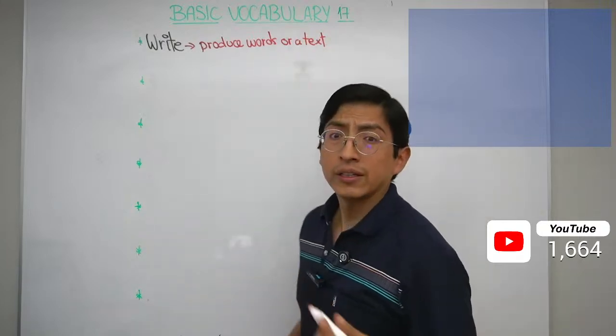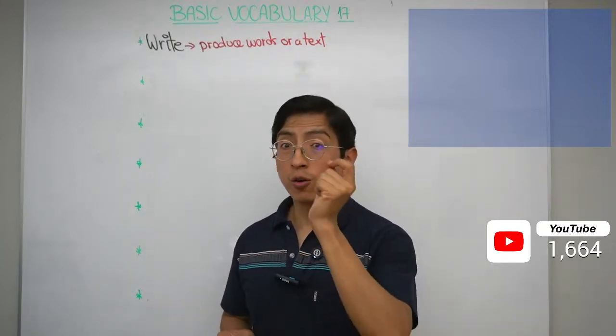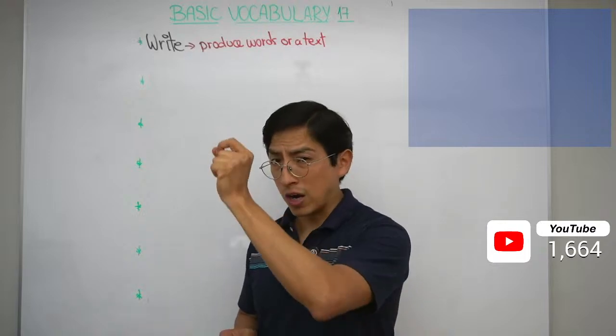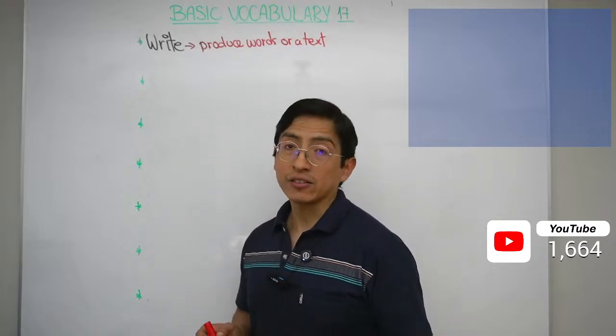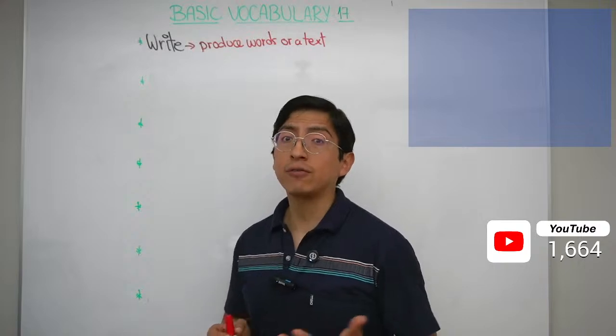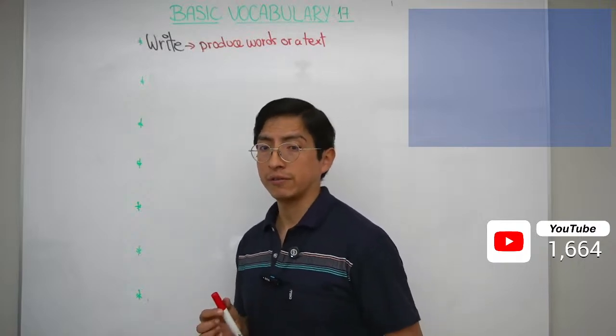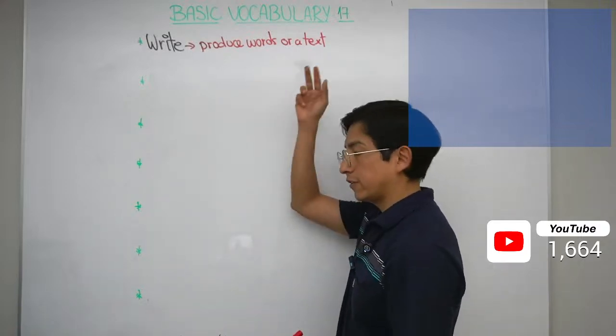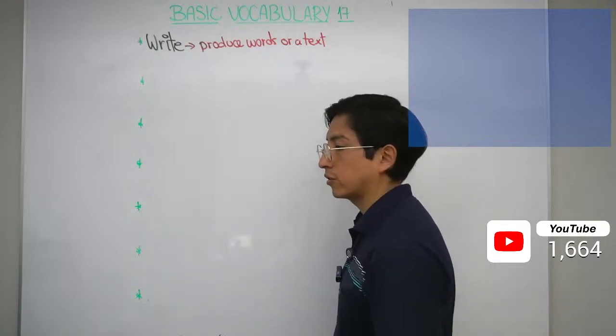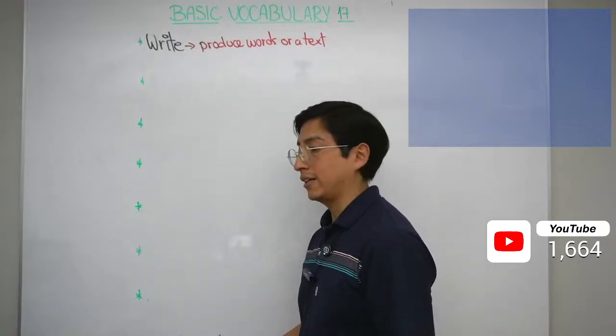Well, in the past, it was very common that you could use your own hands to write a text, to write a paragraph, or to write a book. So this is the first meaning that it has.